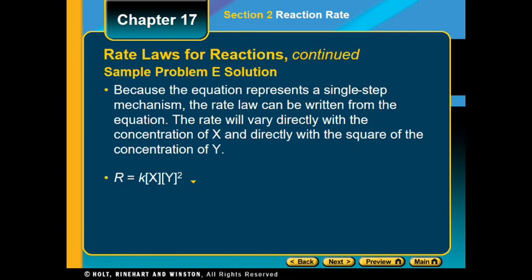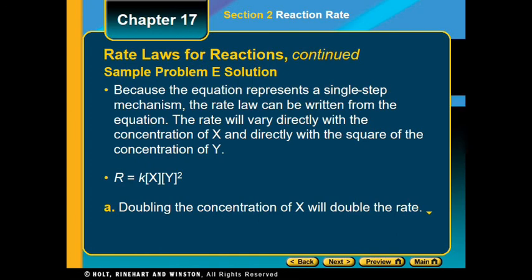And we were told, what would happen if we doubled the concentration of X? How would that affect our rate? Well, it would look like this. Notice where the 2 actually goes. It's not X squared, but it is 2 times X since we're doubling the concentration of X. That's what it would look like.